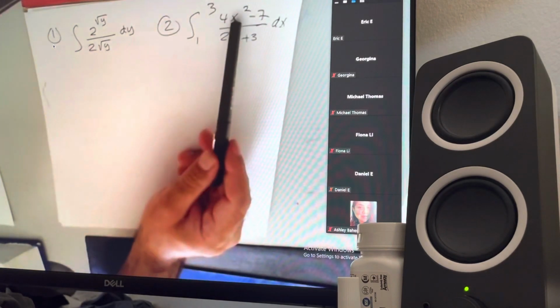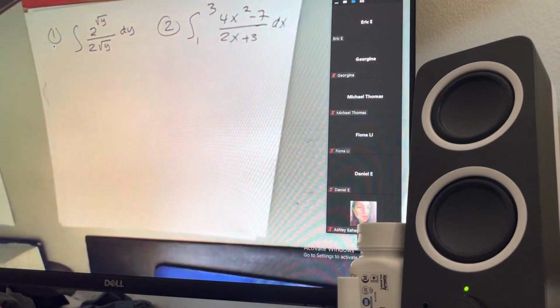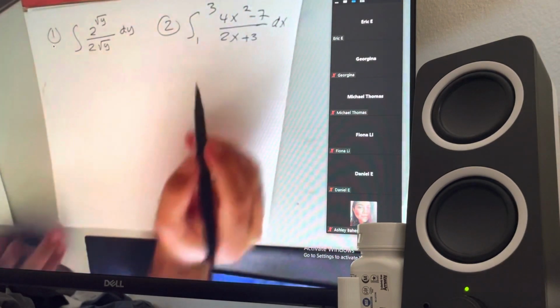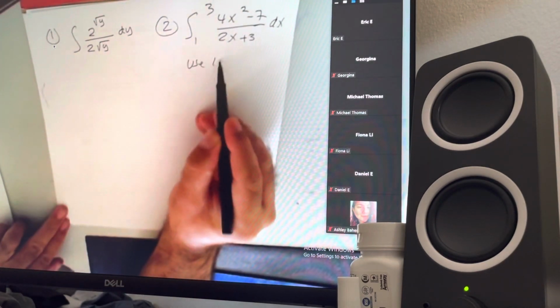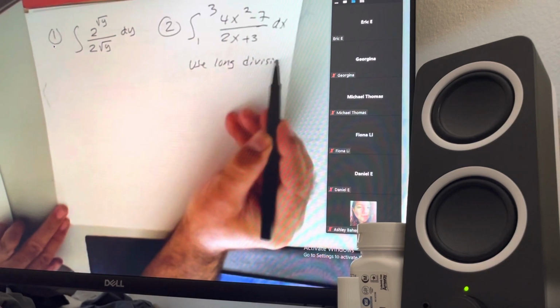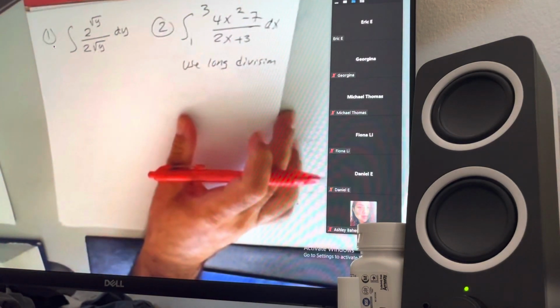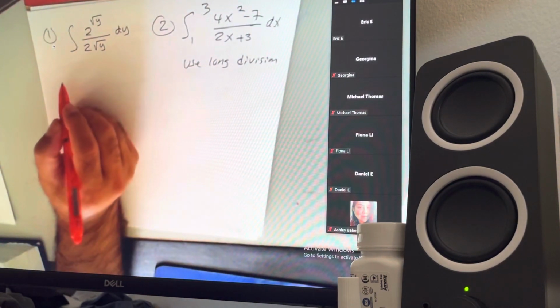So if the power is higher in the numerator, or if they're exactly the same, use long division. So go ahead and solve this, and I will help you with both of them. I'll give you the answer, but I'll solve it step by step.